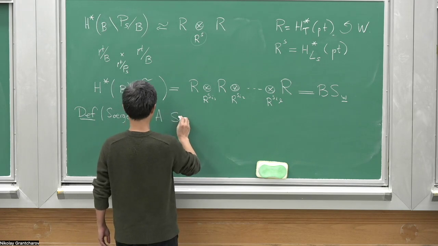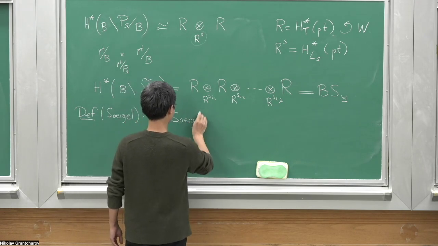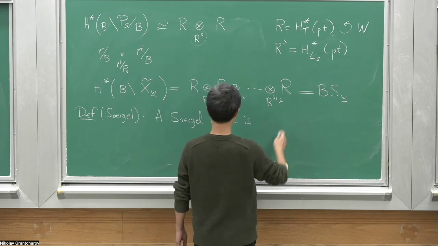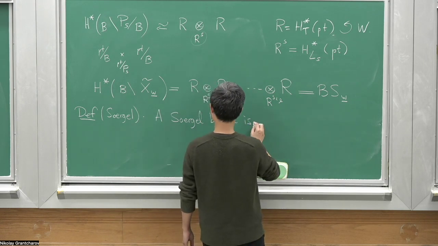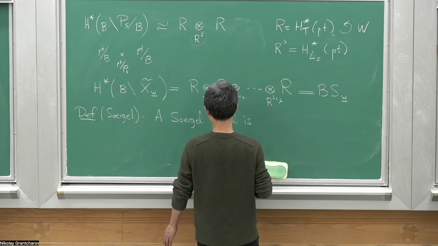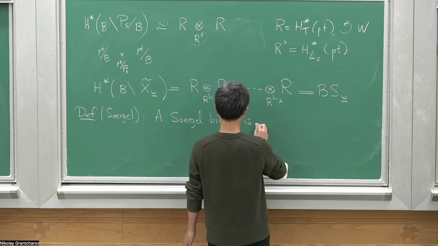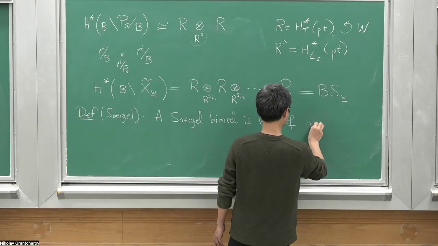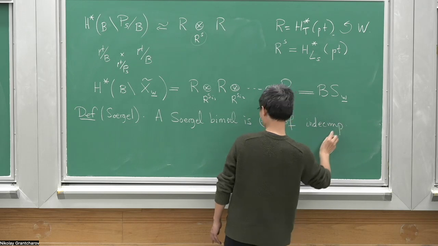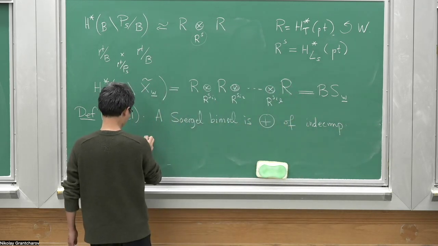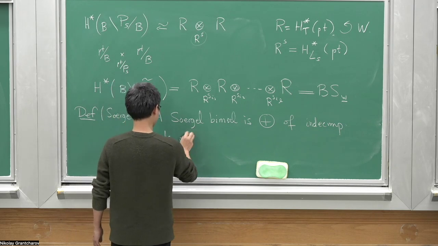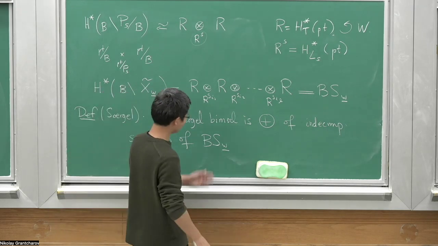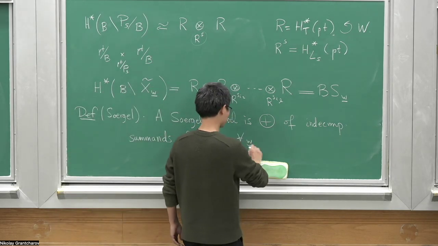In addition, a Soergel bimodule over R is just an indecomposable module, a direct sum of indecomposable summands of these Bott-Samelson modules for any string of them.